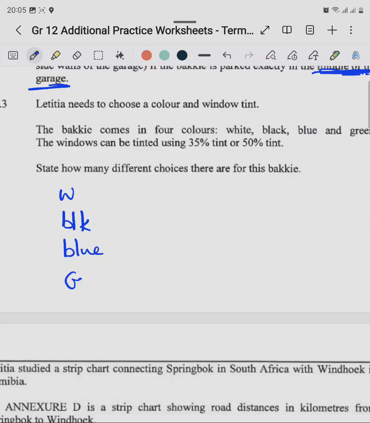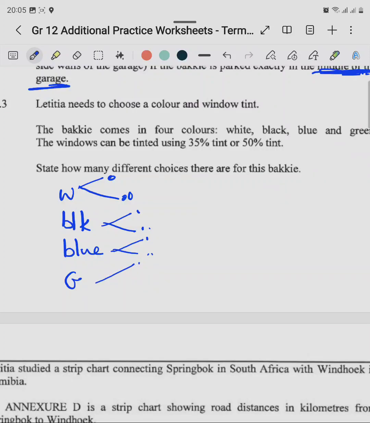So those are the 4 different color options. And then for each of these options, we can have either the 35 or the 50. So for purposes, I'm just going to do option 1, 35, option 2 is the 50. Same thing for this one. Black could be 35 or 50. Blue, 35 or 50.